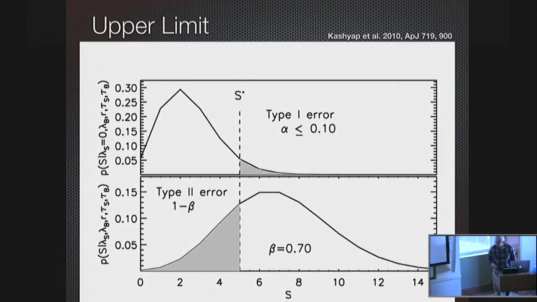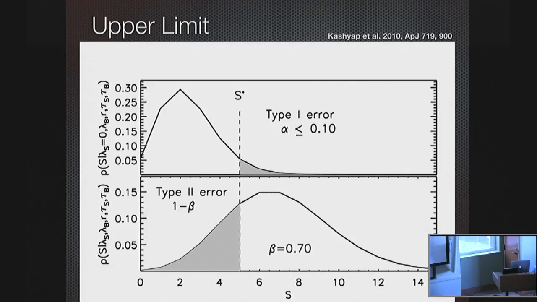I will not go through the math for this one again, but let me just point you to that paper and to this figure from that paper. This is the probability distribution that you're using to set this threshold from the background.